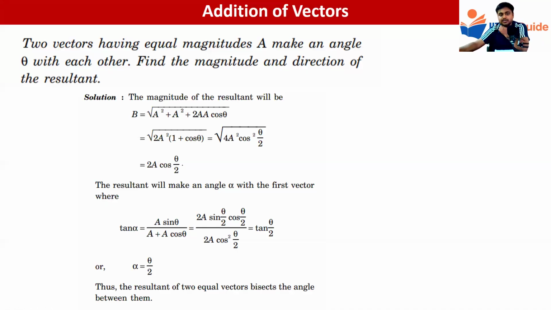And here the angle was theta by 2. Angle also had to be found out. So it's going to be a sin theta divided by a plus a cos theta. Just see if this is clear to you. If it's clear, kindly raise your hand. Okay, good.